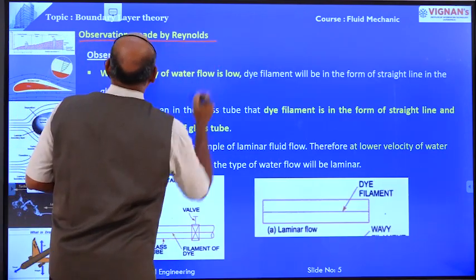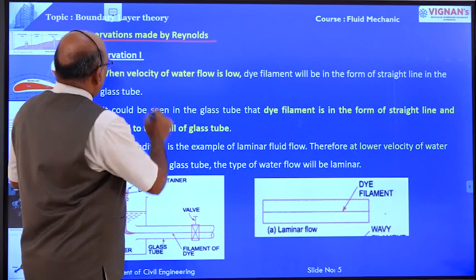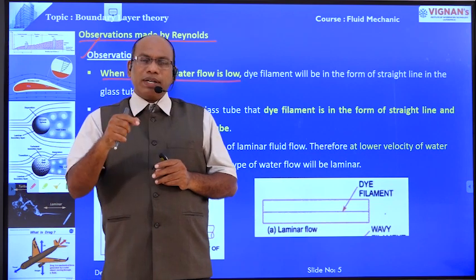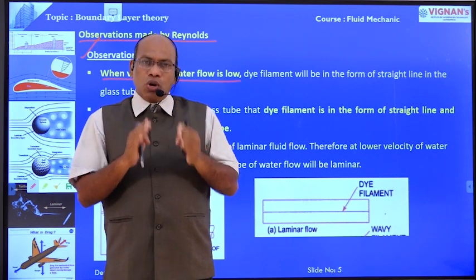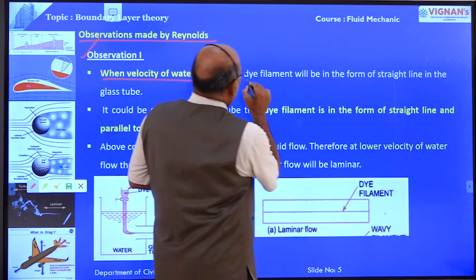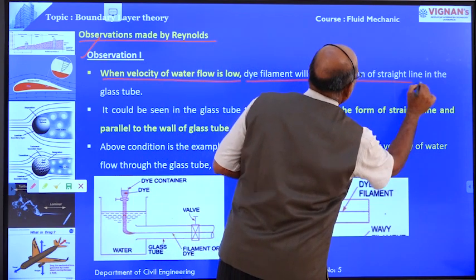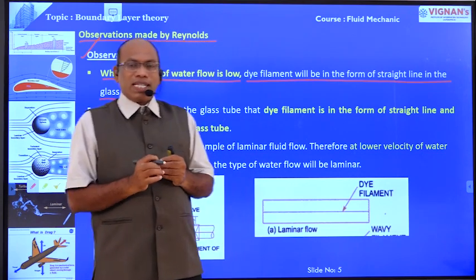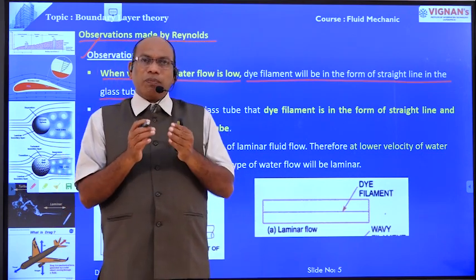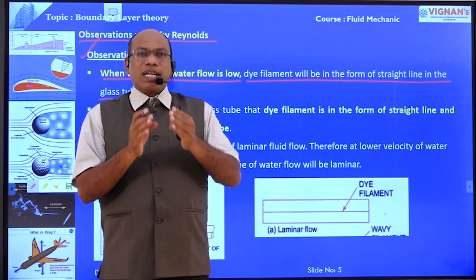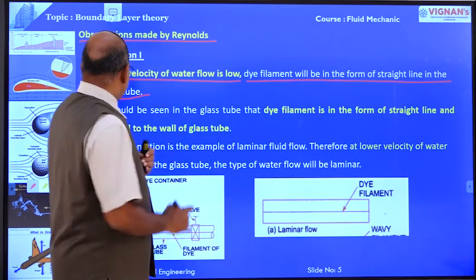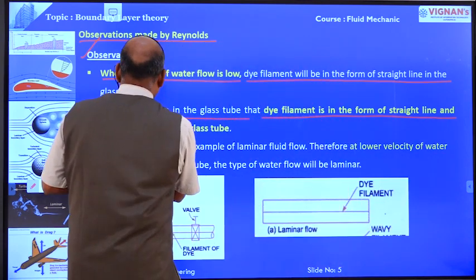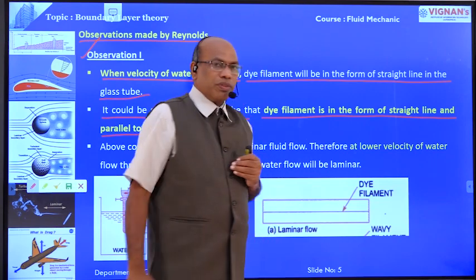Observations made by Reynolds. First observation: when the valve is opened and the velocity of flowing water is low, the dye filament will be in the form of a straight line in the glass tube, parallel to the wall of the glass tube.